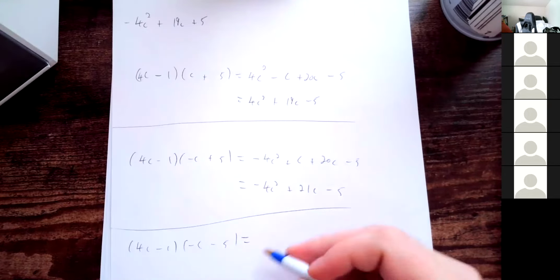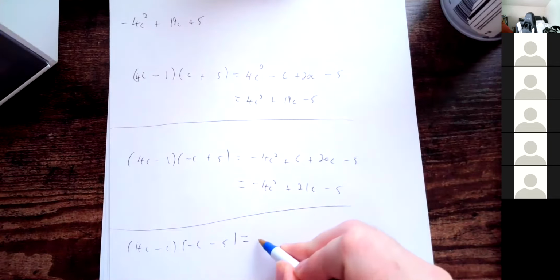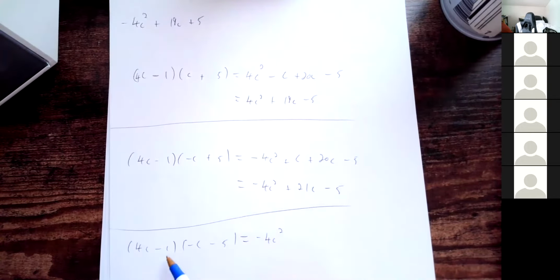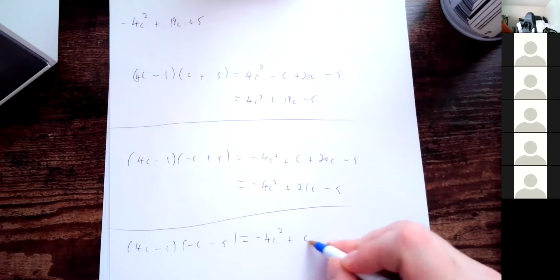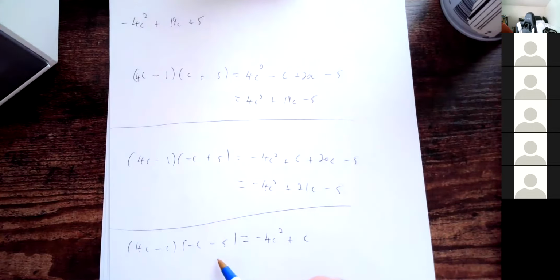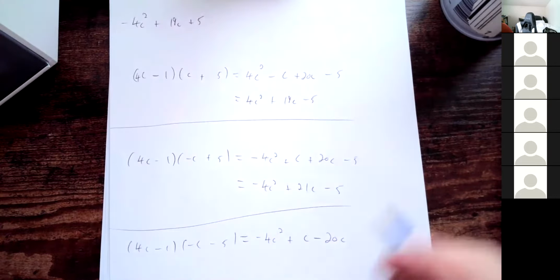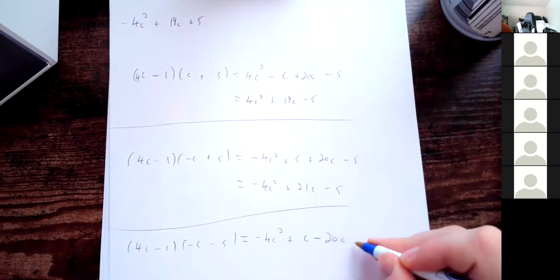Wait, let's multiply this out more carefully. Minus 4c squared, minus 1 times minus c is plus c, and then negative 5 times 4c is minus 20c, and then I think you got it right.